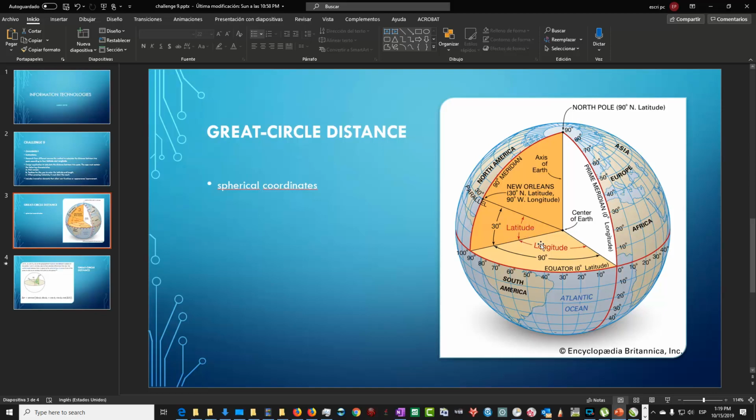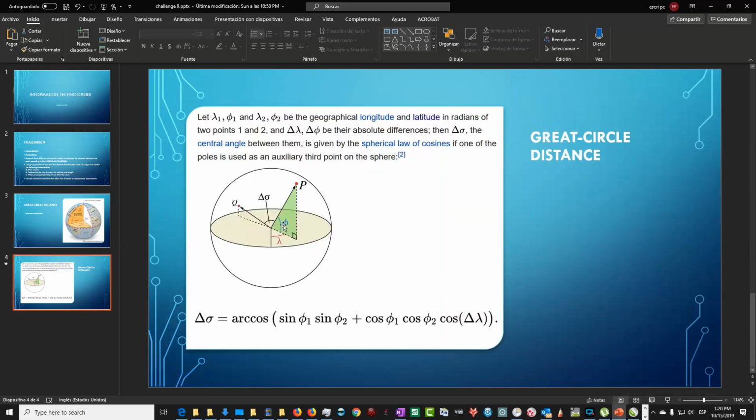So as you can see, longitude and latitude are quantities to specify the location of this and of any point on the surface of the Earth. Yes, so these angles are the data that the user needs to insert. Now, to calculate the distance between two points specified by the longitude and the latitude of these points, we need to be able to solve these triangles.